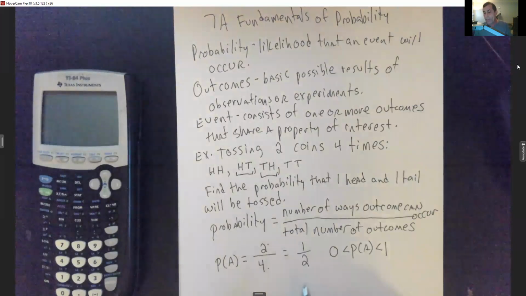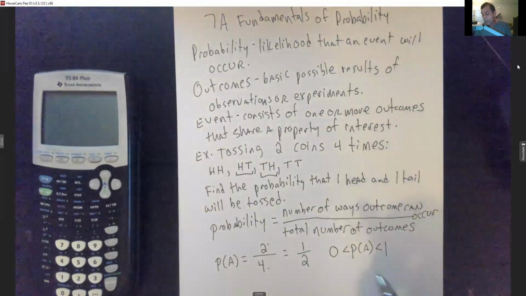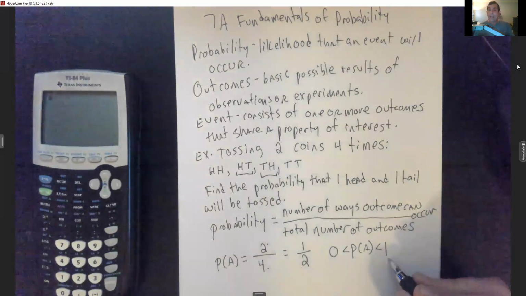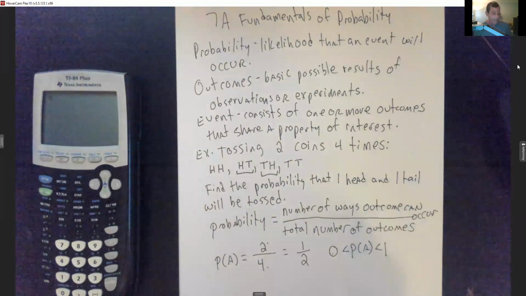And if you turn that into a decimal, 1 divided by 2 would give you 0.5, and 0.5 is definitely in between your 0 and 1. To get a 1, the event would have to happen every time. And to get a 0, the event would have to happen none of the times. Okay?